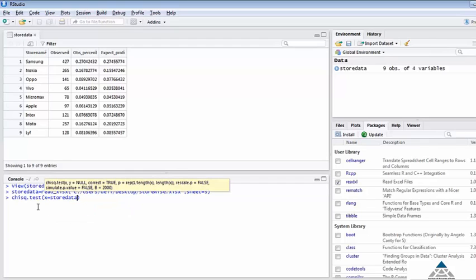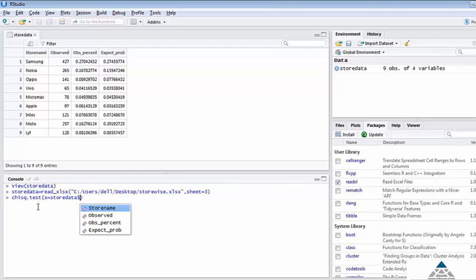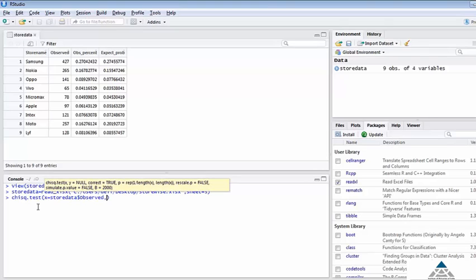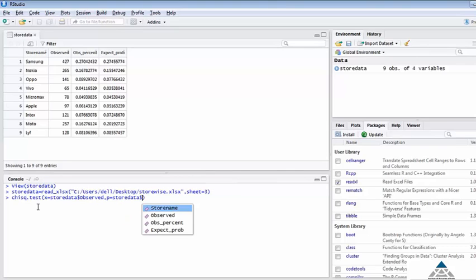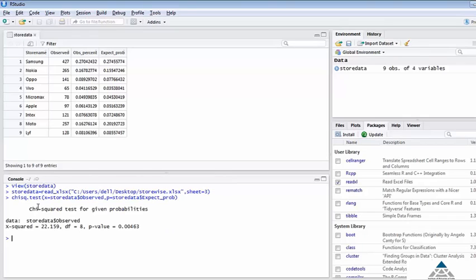This is the observed frequency, and then p is equal to expected probability. The moment we press enter, we get the result for the test.